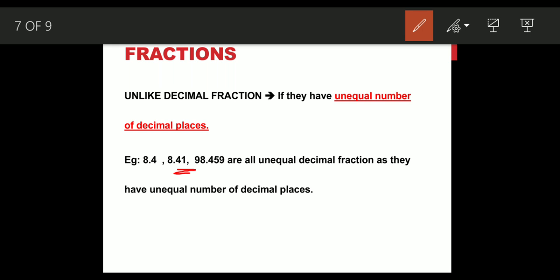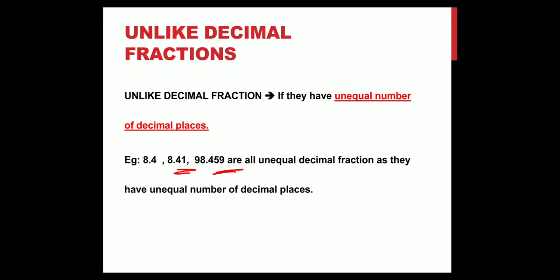In the next, 98.459, after the decimal point, I have three decimal places. Did you see? Each time the decimal places differ. Here it was 1, here it is 2, and here it is 3. So that's why we call it unlike decimal fraction. Clear, everyone?